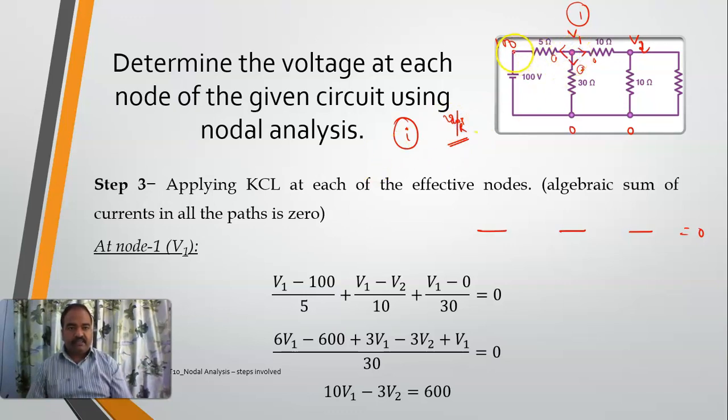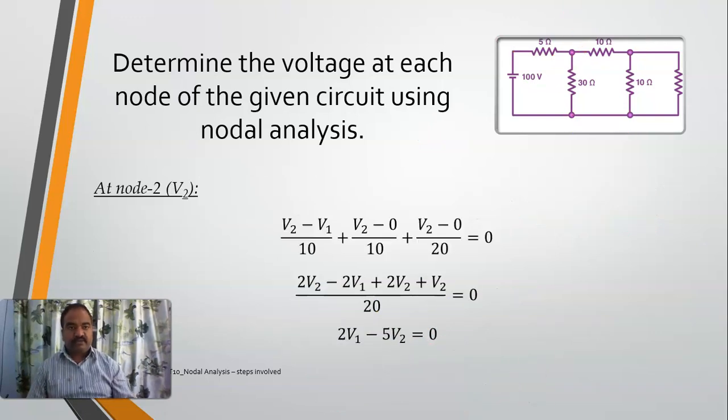From here, (V1 minus 100) by, what is the resistance, 5, plus path number 2. The voltage drop is (V1 minus 0) by 30. Next, this is (V1 minus V2) by 10. This is the equation which I mentioned here. You take the LCM. What is the LCM here? 30 is the LCM. You solve it, you will get this equation. This is my equation number 1.